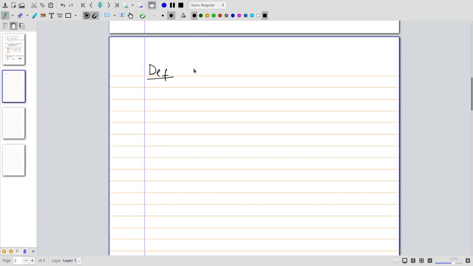We can write down a series like this, where we replace x with x minus a.